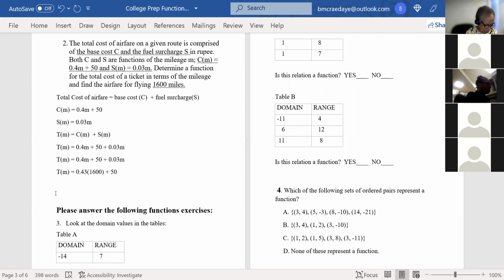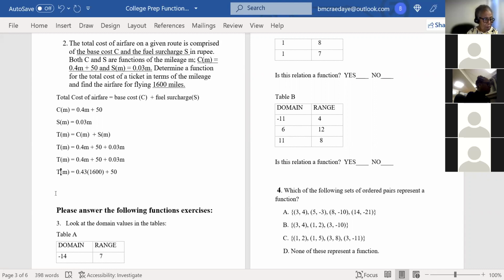Okay. 0.43, let's see, 0.43 times 1600. I'm just trying to do it on my hand. Let's see. Okay. 0.43 times 1600.